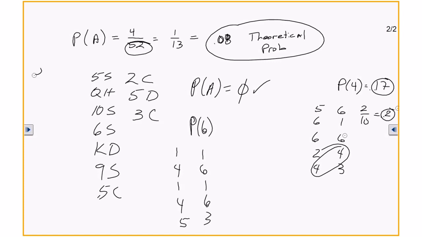So let's go. We're going to do probability of 1. Same die, and we're going to put our money on 1. It'll come up 4 or 5 times.